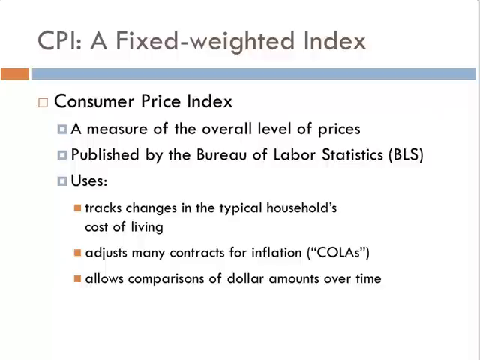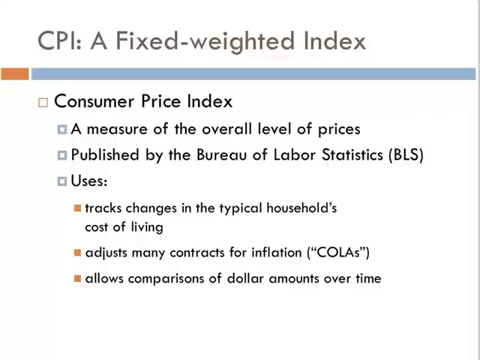We use it to track changes in a typical household's spending or cost of living. Many labor contracts use these as adjustments for inflation, or what are called COLAs, cost of living adjustments. A major one of these policies that have COLAs are, for example, benefits for Medicare and Social Security. Those are tied to the Consumer Price Index.